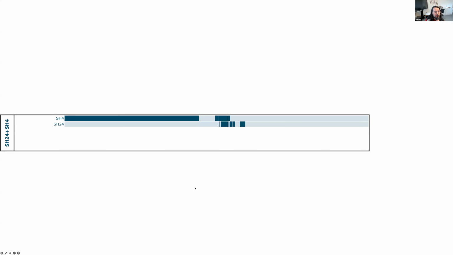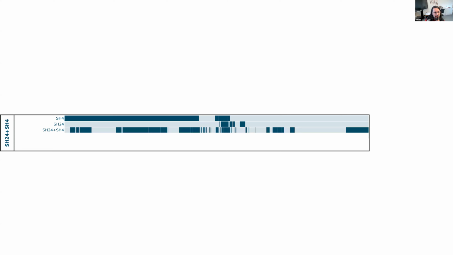And this is the list of molecular formula they were able to recover when they grew SH24 alone. And this is what they got from the culture in which these 2 organisms grew together. And then the next 3 lines show what is unchanged from SH4 to SH4 plus SH24.